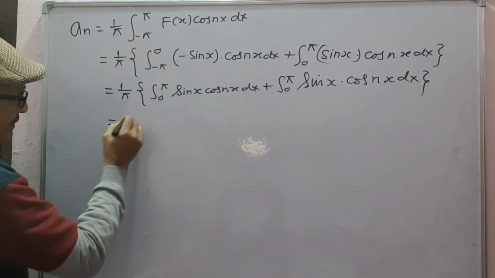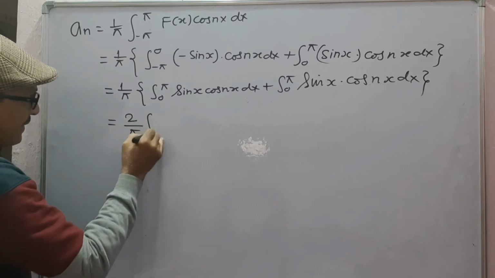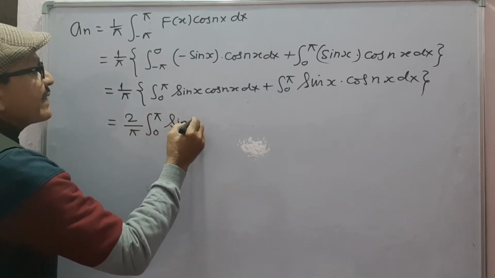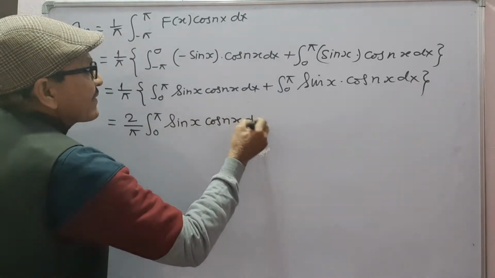So this becomes 2 upon pi integral 0 to pi sin x cos nx dx.